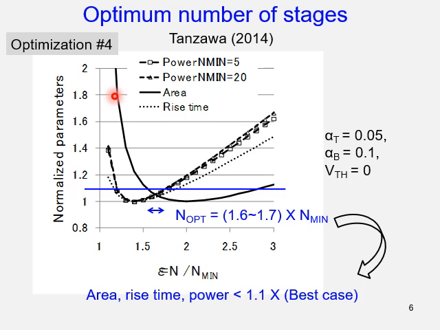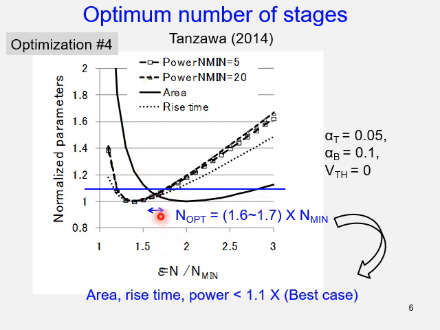So if your concern is not only a single term, but two, for example, area and rise time, or area and power, or all of them, what number of stages should be selected? The x-axis shows the number of stages normalized by N min, and the y-axis shows normalized parameters for rise time, area, and power. There are several curves like this.